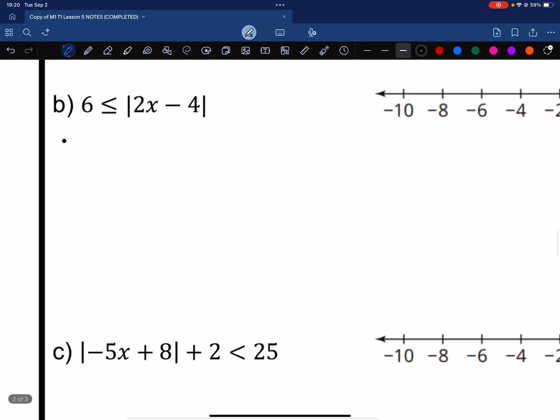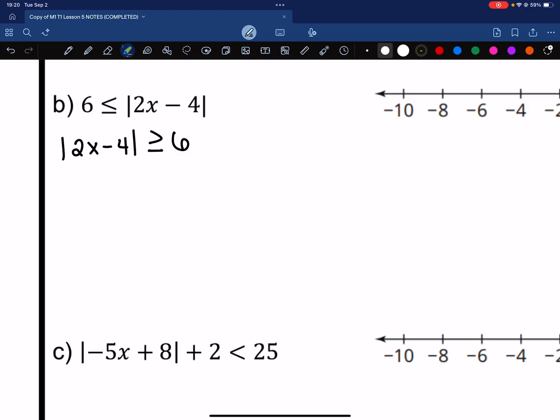Why do we struggle with this? Because it's going to look like we're doing something that we're not actually doing. And what do I mean by that? When you go to write this, the inequality sign is opening up towards the absolute value. So when I rewrite it, it still has to open up towards the absolute value. And so it looks like we flipped the sign, but we really didn't flip the sign.